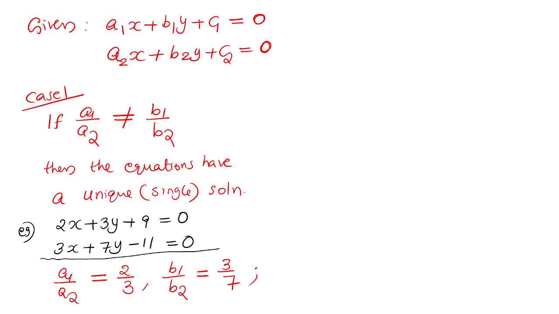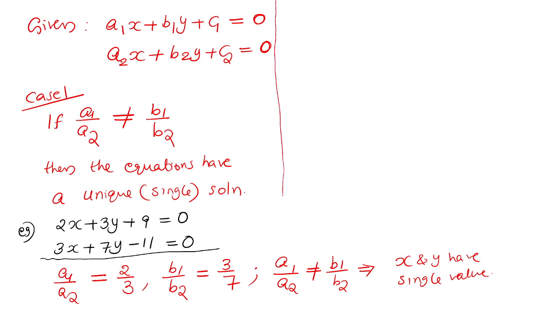You can see they are different values. So a1 by a2 not equal to b1 by b2, and x and y each have a single value. Similarly y also has a single value. We are able to solve it. The equation can be solvable. Clear?